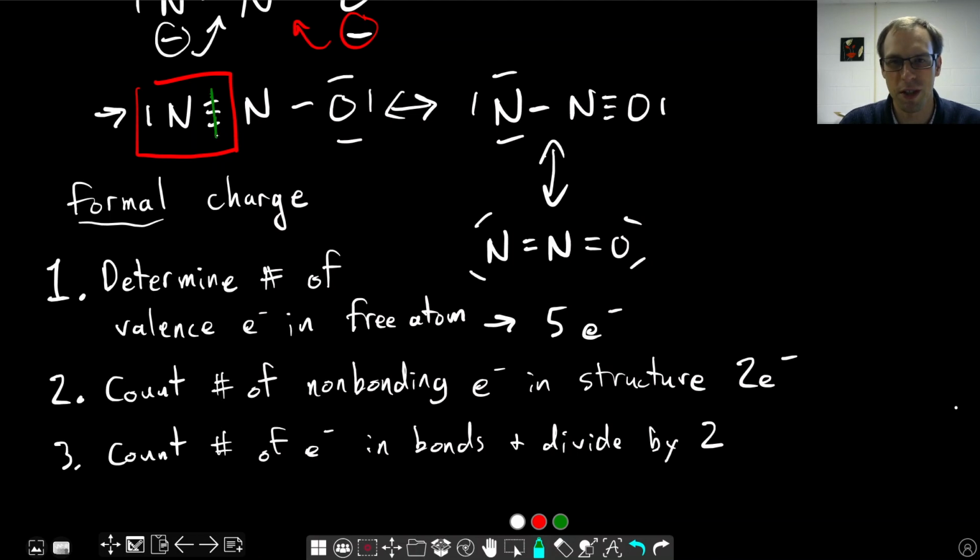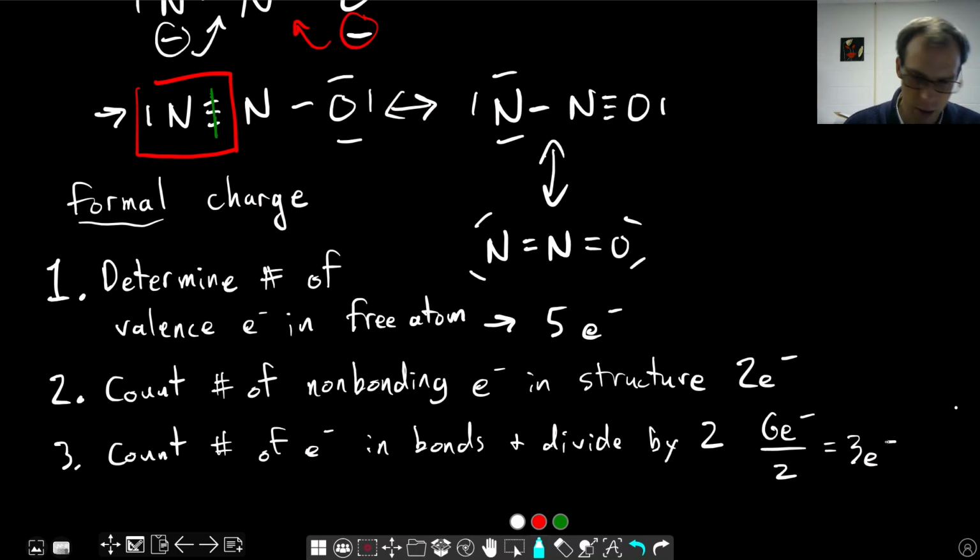In this bookkeeping, with our triple bond of nitrogen, each nitrogen gets 3 of those electrons, and we don't count them twice. Again, this is not for counting octets, but just for this idea of formal charge. So for this, we have 6 electrons in bonds, and we divide by 2, so we get a total of 3 electrons.